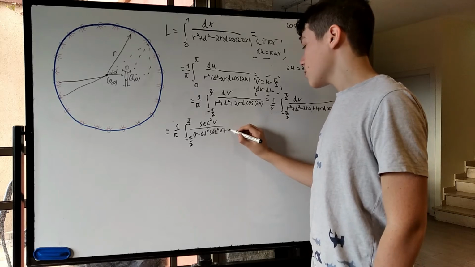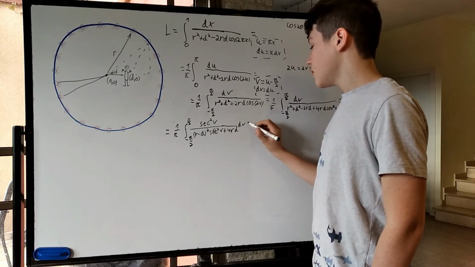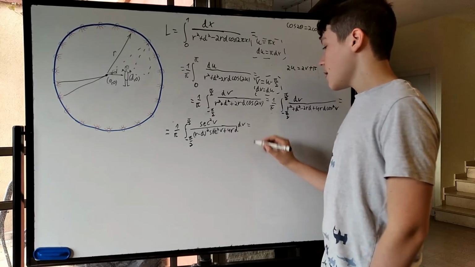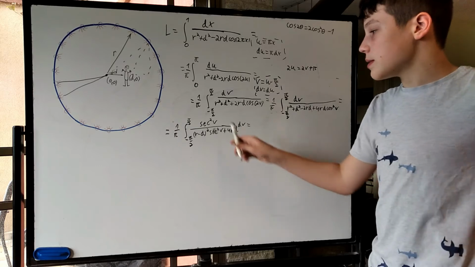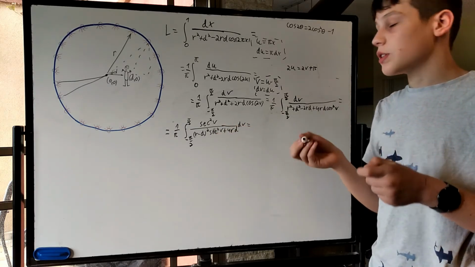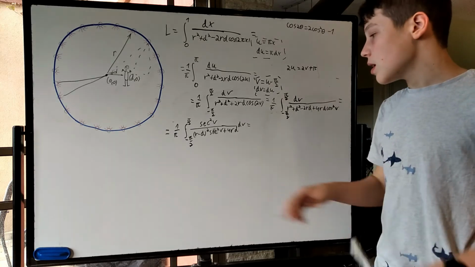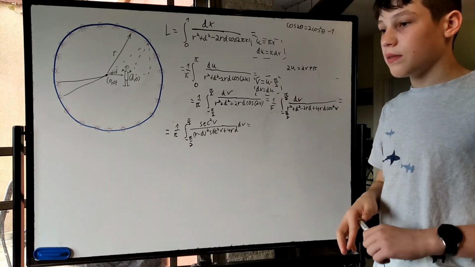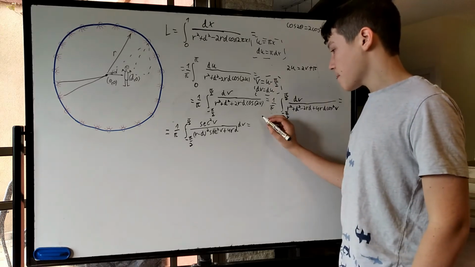And plus 4rd dv. Now notice that up top, secant squared v is exactly the derivative of tangent v. And so, to make for a nice substitution, I'll make the secant squared v on the bottom, tangent squared v plus 1.